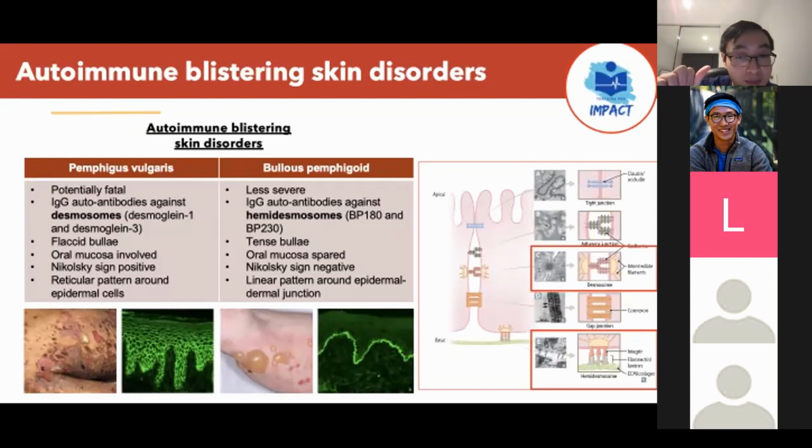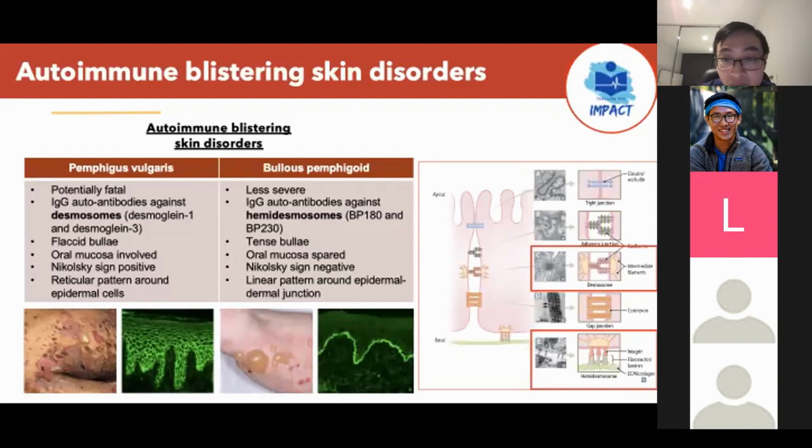If the skin sloughs off, then we call it Nikolsky sign positive. If it doesn't, then it's Nikolsky sign negative. And it makes sense that pemphigus vulgaris would be Nikolsky sign positive because you have autoantibodies attacking desmosomes between epithelial cells. So if you agitate the epidermis a bit, the epidermis will slough right off.